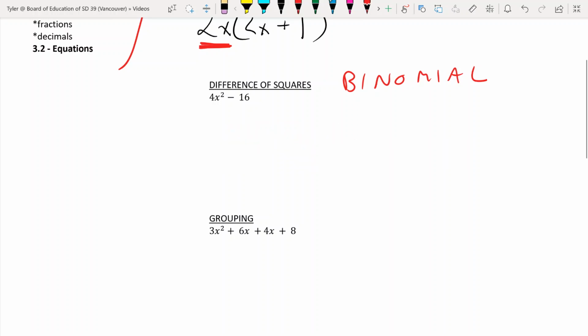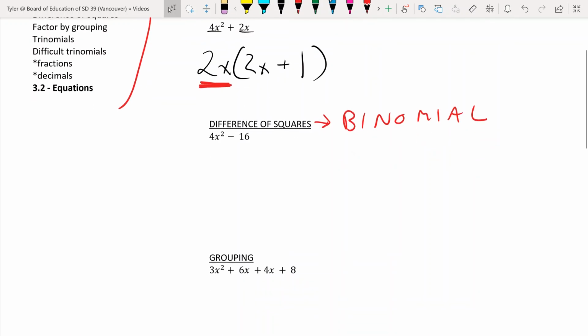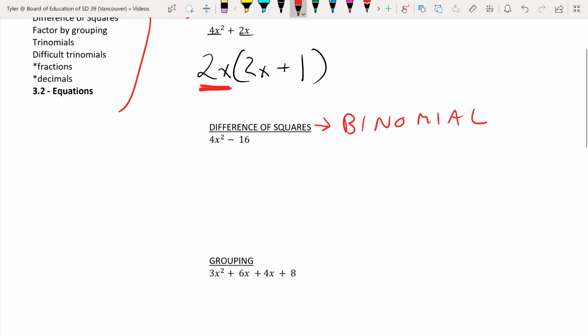Okay, so your trick is if you ever see a binomial and it asks you to factor, first of all, there's probably common factoring. But second of all, you're probably going to be doing a difference of squares, especially if there's a negative. So what we're going to do for difference of squares, it always looks like this. There's always going to be the two, factored into the two brackets multiplied together.